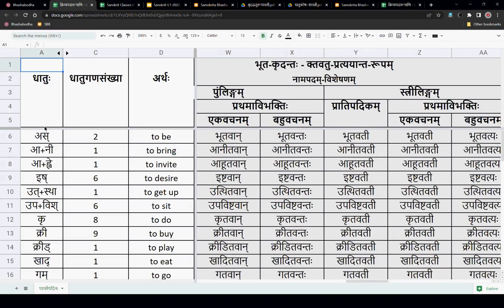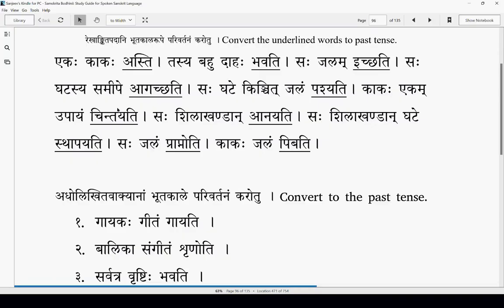As becomes bhu only in these bhuta kridanta forms, like bhavati also becomes bhutavan only. Okay.